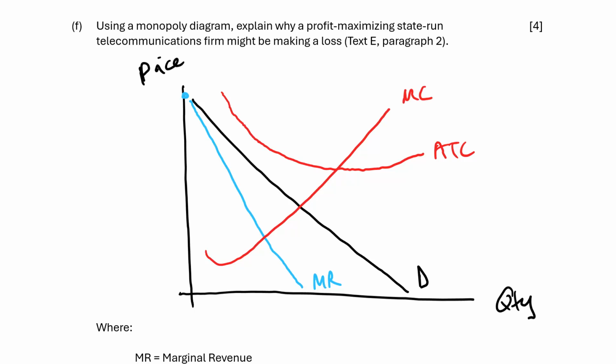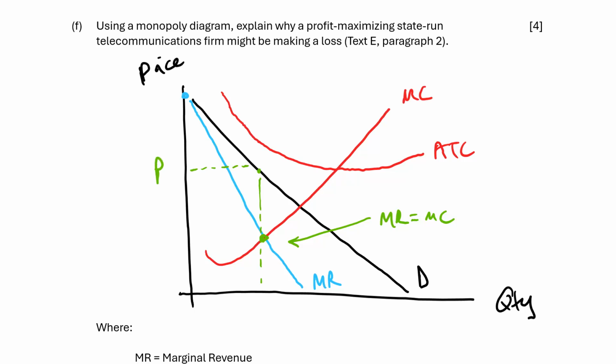Okay, so what's going to happen is that in a profit maximizing condition, firms will produce at the point where marginal revenue equals marginal cost. So you can make a note of this. MR equals MC. This is the quote unquote profit maximizing point. And what you then do is, at the point where MR equals MC, you trace the price according to the demand curve.